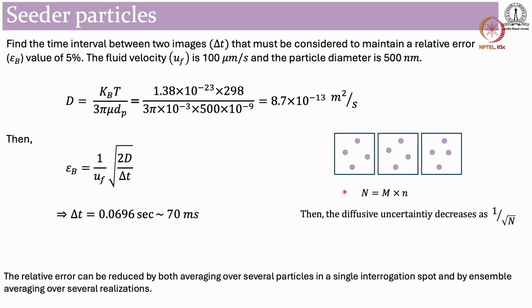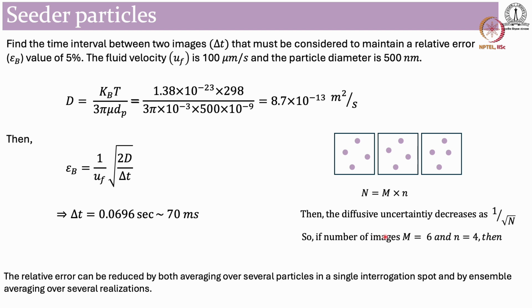So the diffusive uncertainty decreases as 1 by root over n, right. If you have a higher m, basically you have a higher root n, and if you have a higher root n, the diffusive uncertainty decreases more. So if you have a larger number of images or realizations, you can have a lower error.